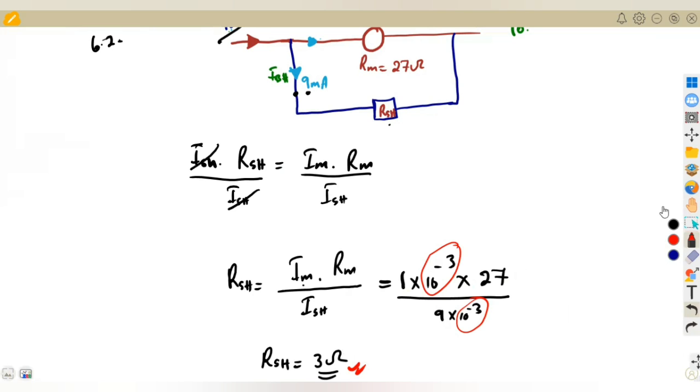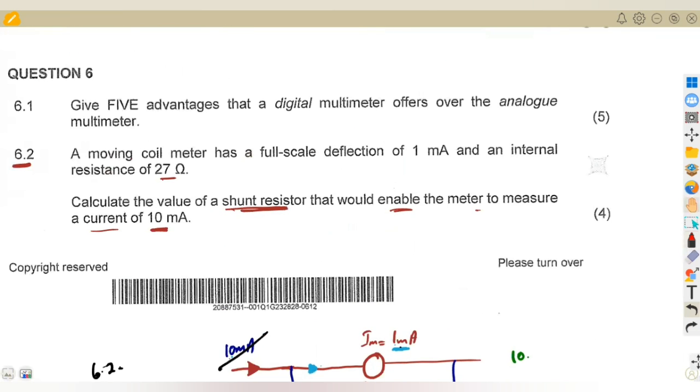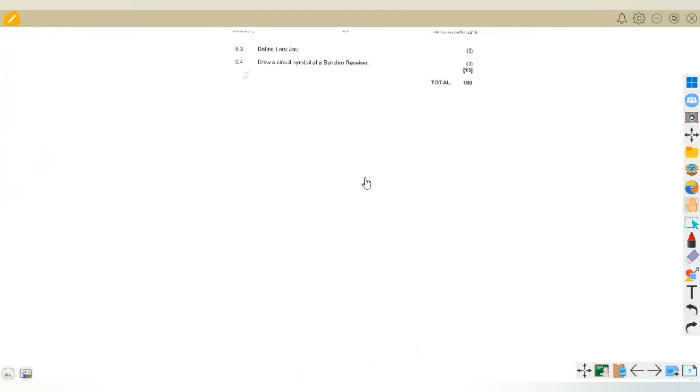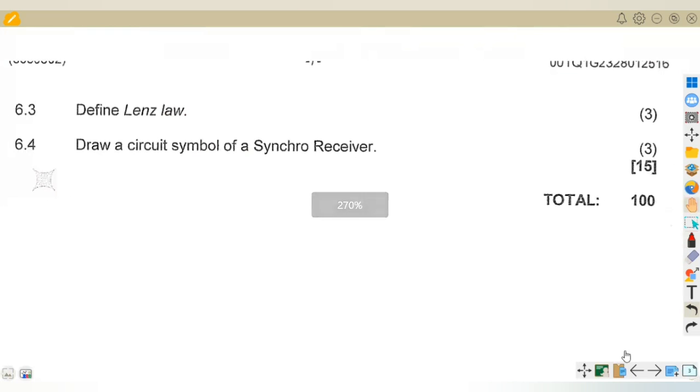All right, so that was our question 6, the first part. Then we still have another part where we are asked to define Lenz's law. How do you define Lenz's law?